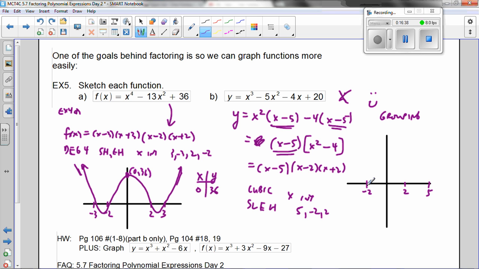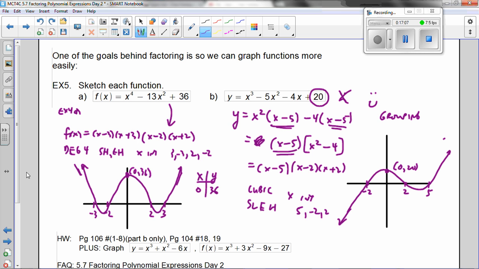And remember, we don't really care about the y-axis. Starts low, ends high. One point on this bad boy just to get some scale. When I put 0 in there, I get 20. And that's pretty nice, right? There's my y-intercept, 20. And there's a pretty good sketch of a function without doing too much extra work.